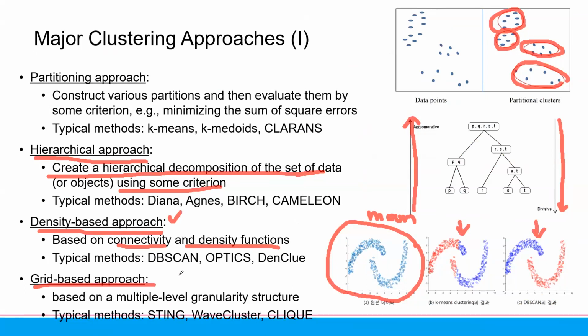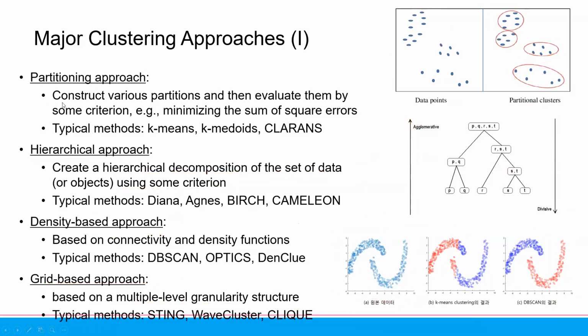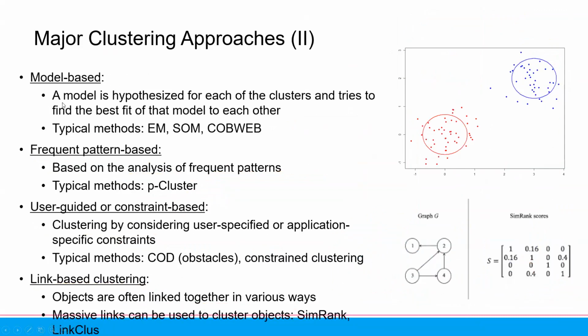Grid-based approach is another way to do clustering, based on a multi-level granularity structure. Model-based means I have a model and I want to use it for the clustering. A model is a hypothesis for each of the clusters, and then we try to find the best fit of that model to the data.